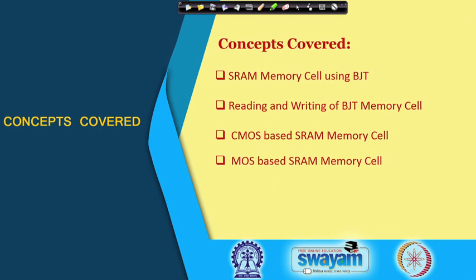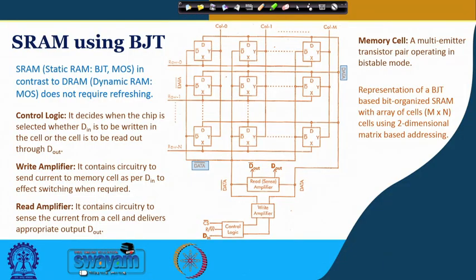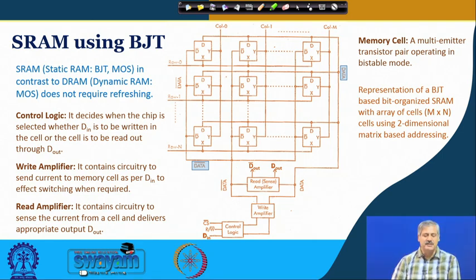Random access memory you have already seen. Static we have already defined in the last class: static RAM is the one where periodic refreshing is not required. We shall discuss the other type of RAM, called dynamic RAM or DRAM, in a subsequent class.